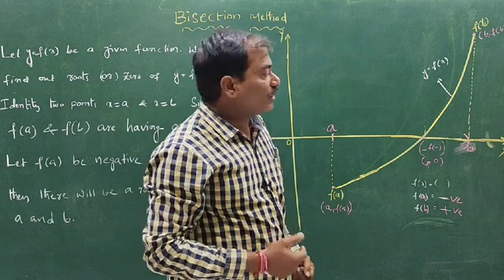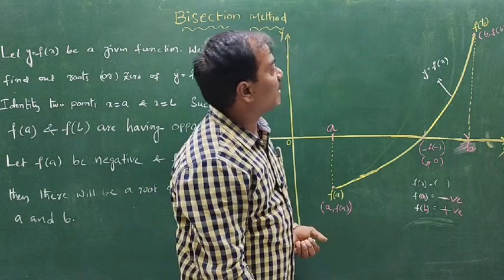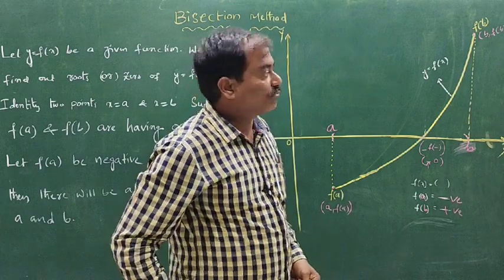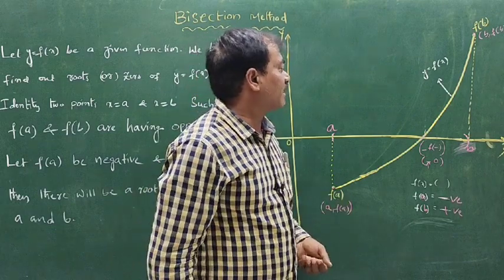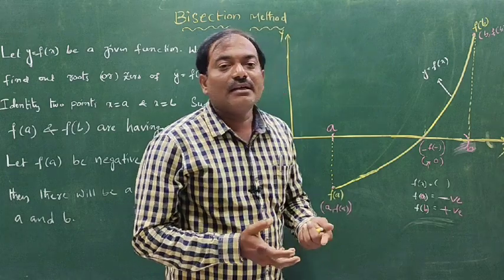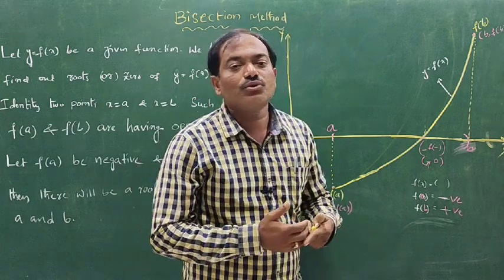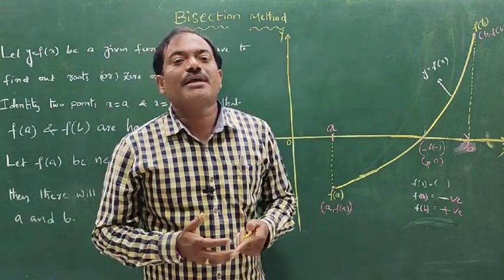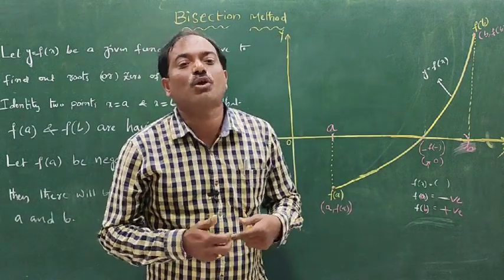In the direct methods, we get the real values directly. But in the indirect methods, we do not get the values directly. We have to use numerical techniques, meaning first we assume a trial solution or first approximation.